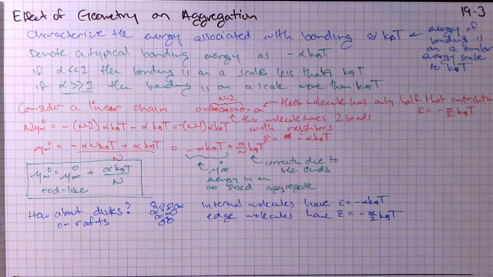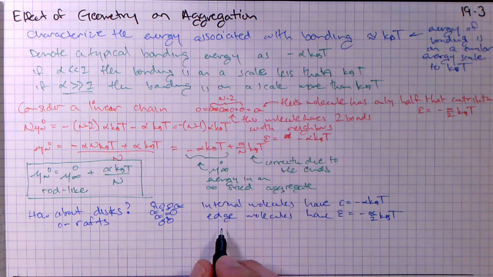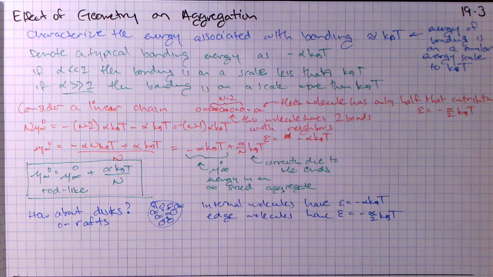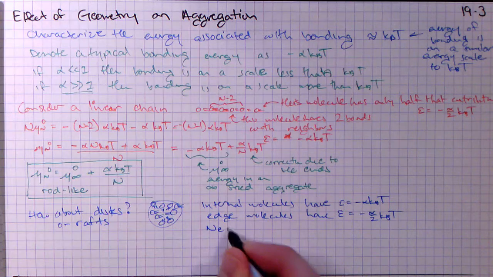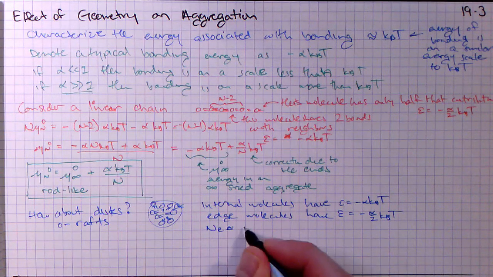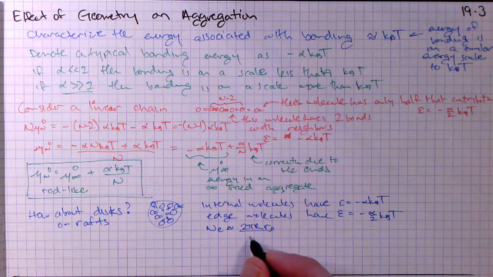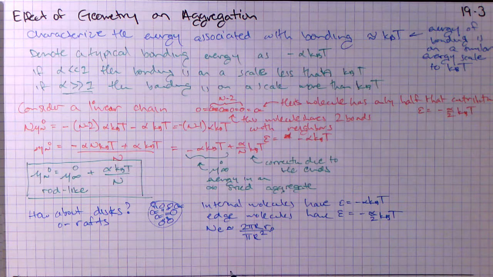And so then if we were to try to write down an energy for the whole system, we have to know how many are on the edge of the raft versus how many are in the middle of the raft. So the number on the edge would be proportional to the circumference, 2 pi r r0, let's say where r0 is the radius of a molecule, over pi r squared.